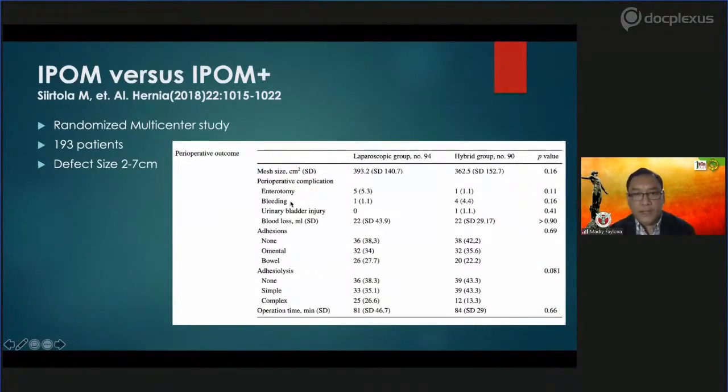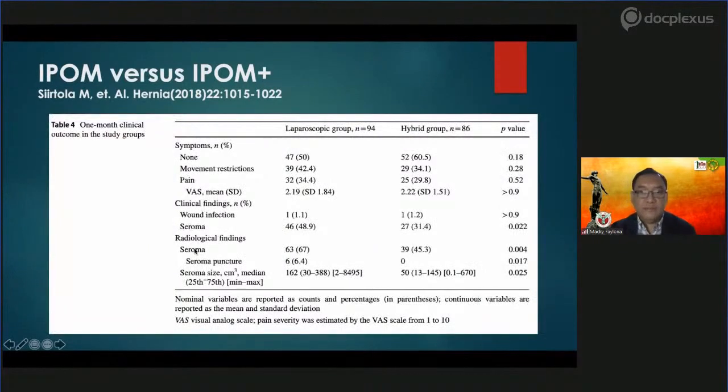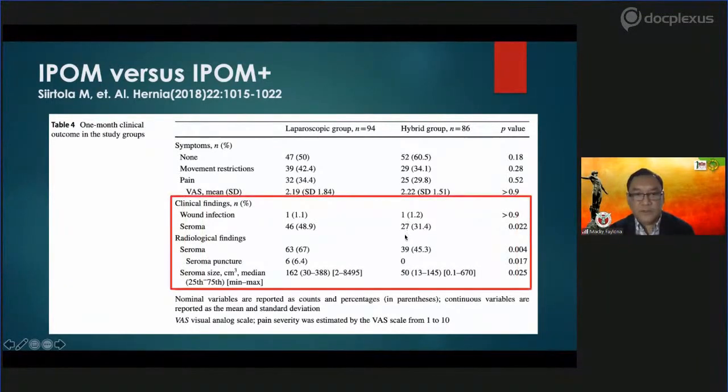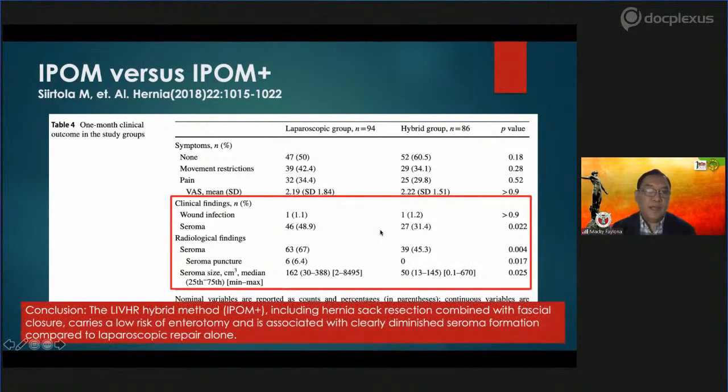And if you look at the chances of enterotomy, it's much less with the hybrid group. The rest is comparable. And if you look at the seroma rates, the wound infection, mainly the seroma rate is much less in the hybrid group compared to the IPOM alone.